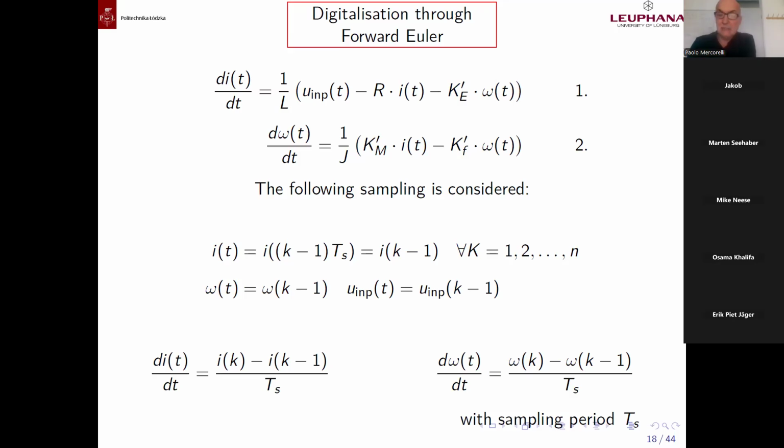I(t), the current in continuous time, equals I of k minus 1, everything multiplied by Ts. In this case, sometimes we write I of k minus 1. The reason is that inside the argument, the Ts can, at least in this nomenclature, not be considered, because in any case, for a given Ts, we will obtain definitively the representation of the states of the system.